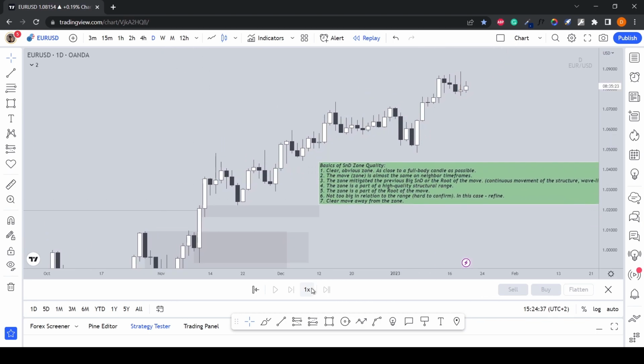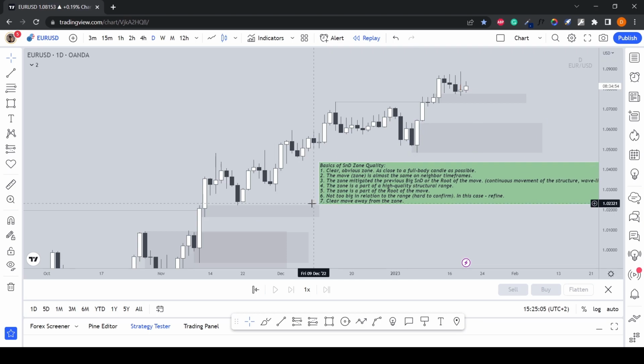Same thing here, we have a break with this white candle, and then we have a nice zone, and we have this down move before the continuation. And of course, it's better to confirm this lower zone as it represents the root of the move, as it's a part of the root of the move.